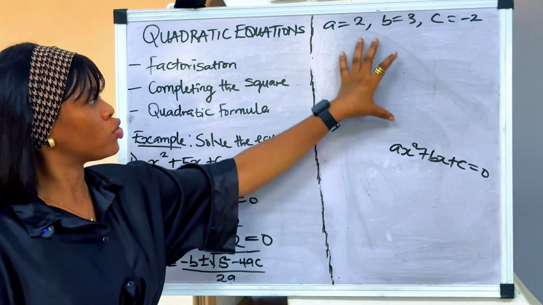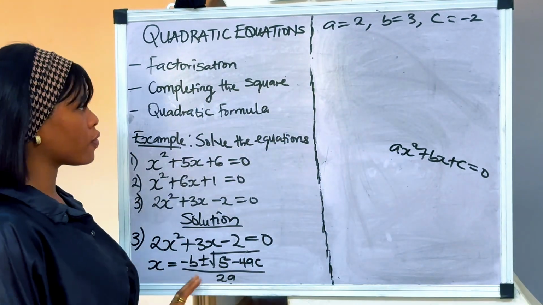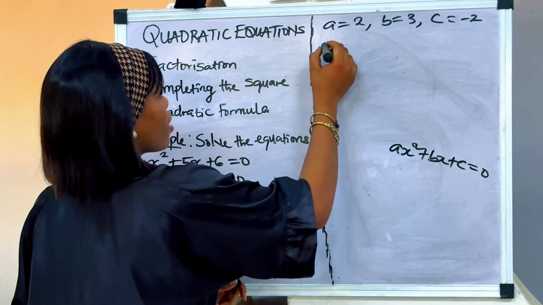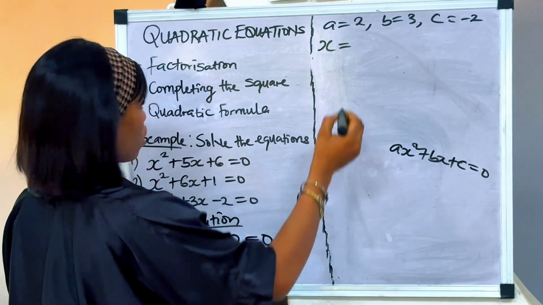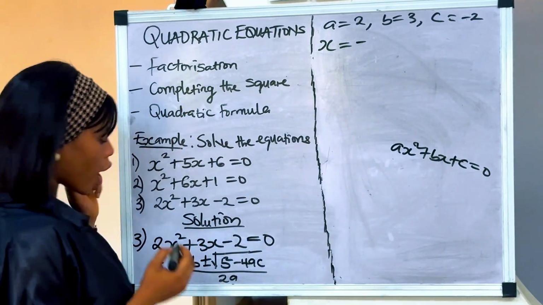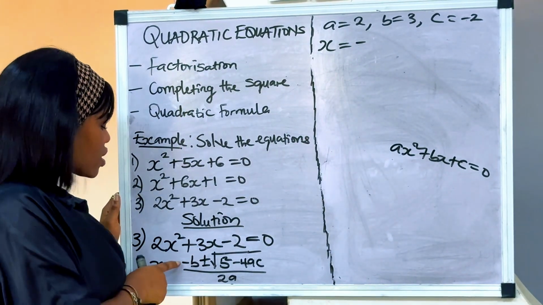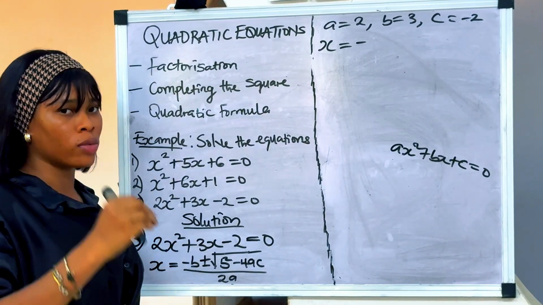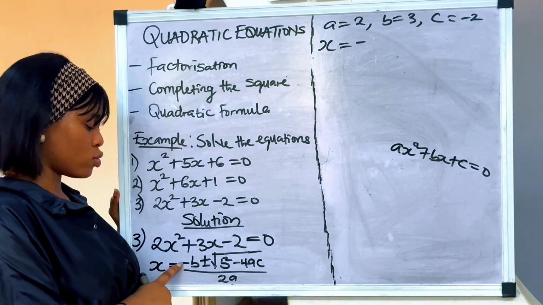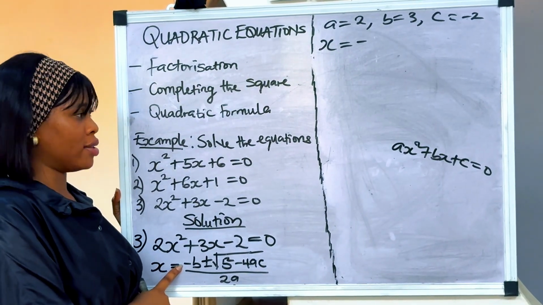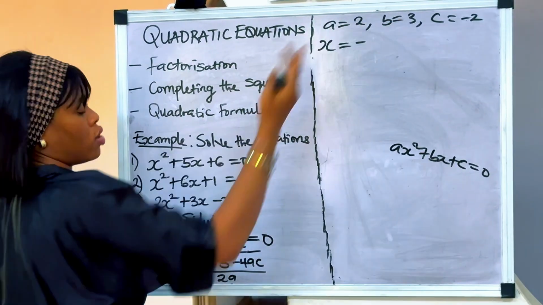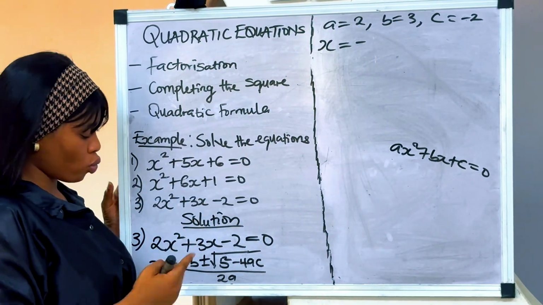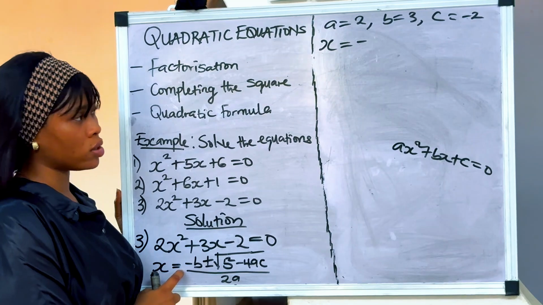Now substituting all these into the formula, we have x equals minus. Don't forget this minus is part of the formula. Many students tend to throw away this negative sign and just put b there. No, this sign is very important.